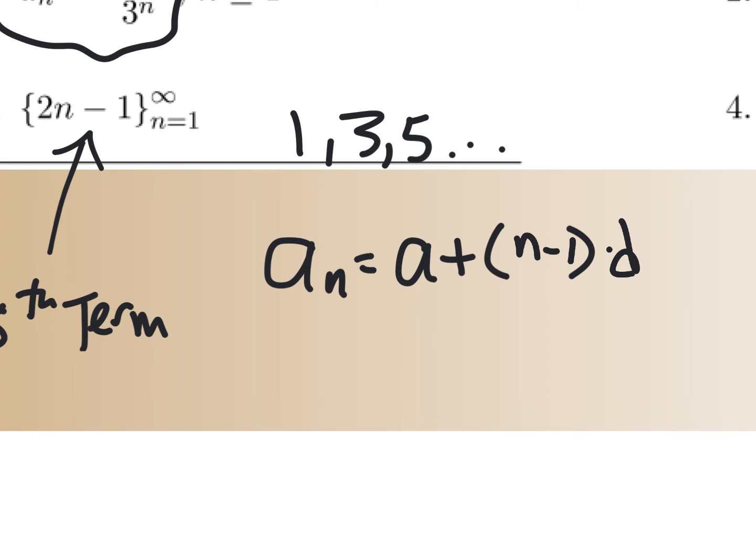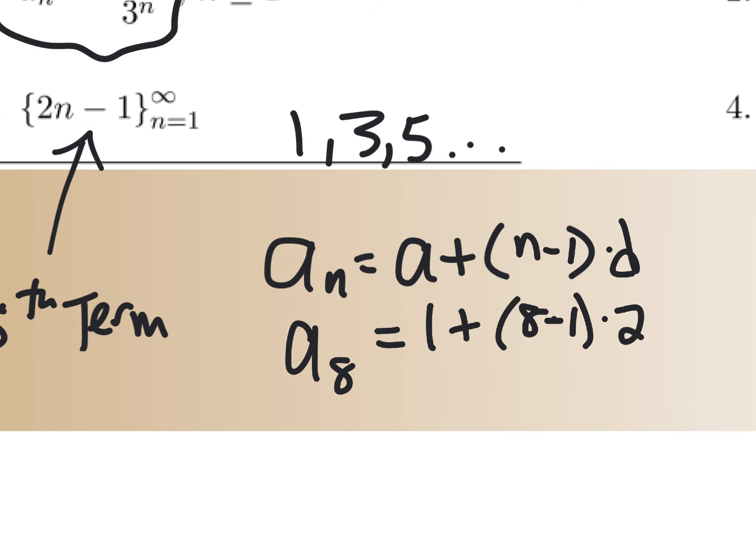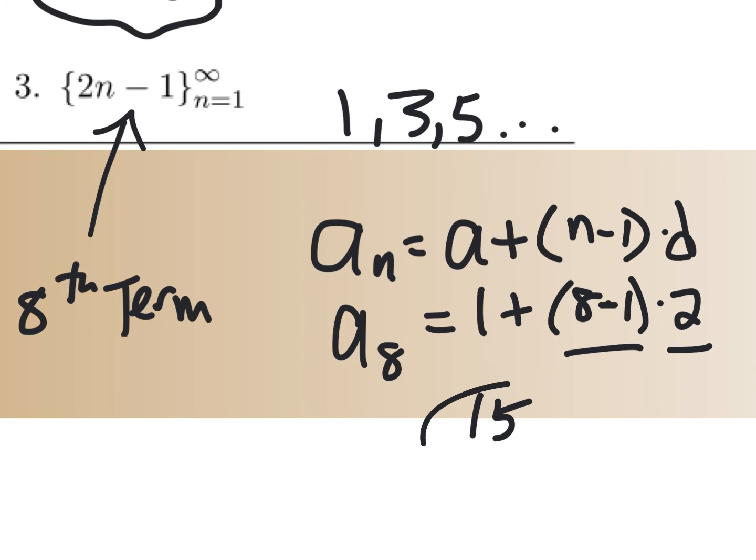Okay, now let's put the numbers in there like I think you wanted to do. So a sub 8 would have been 1 plus 8 minus 1 times 2. Good. 7 times 2 is 14. We're going to add 2 seven times. So that's 14 plus the one we started with, which would be 15. So the 8th term should be 15.